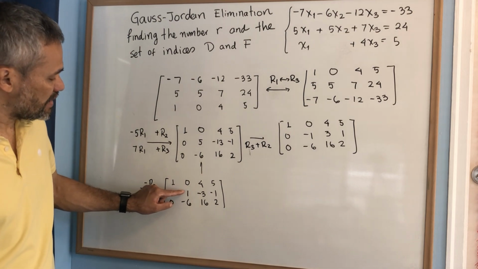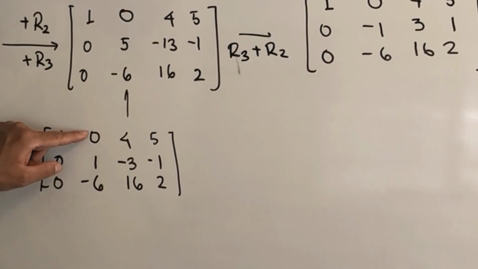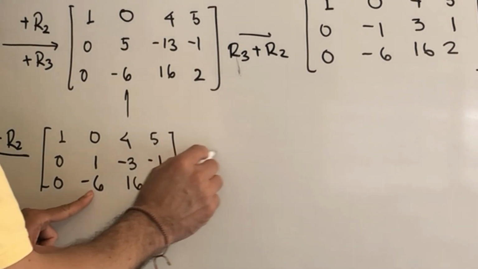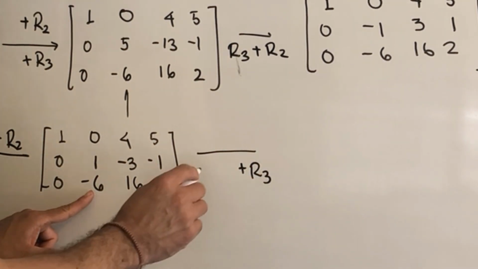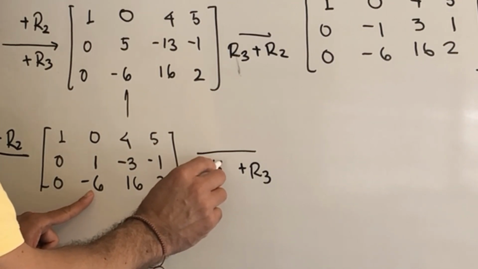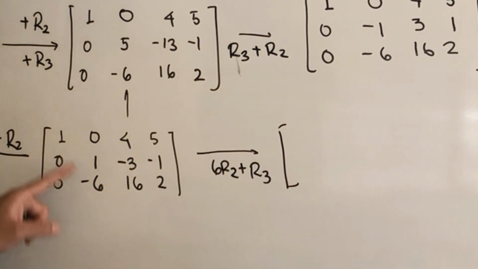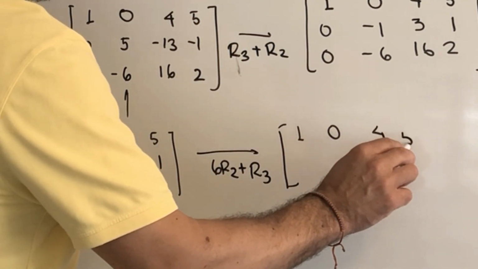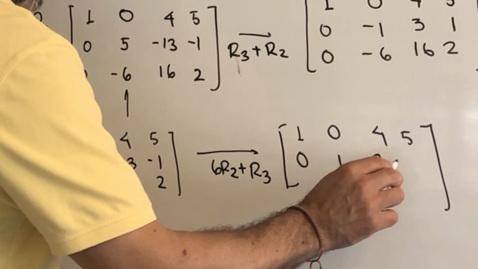Now I use the pivot in the second column to make the other elements in the column equal to 0. This is already a 0, and I have to make this a 0. In order to do that, I will change row 3, and I will add to row 3 6 times row 2. When I do that, what do I get? These 2 rows stay the same.